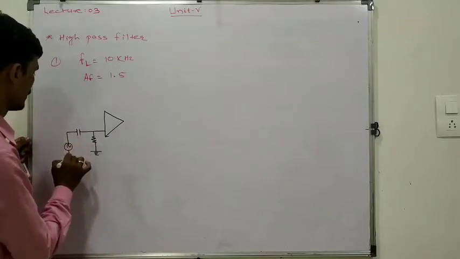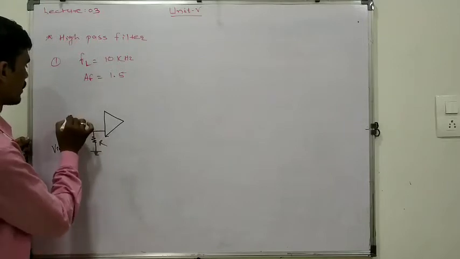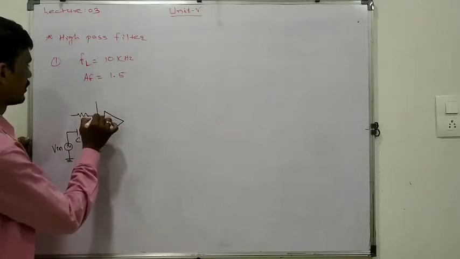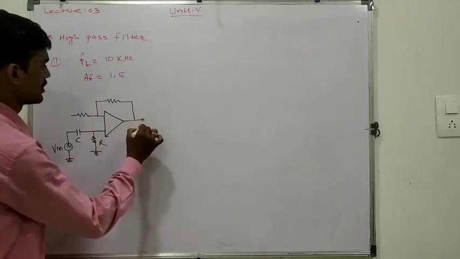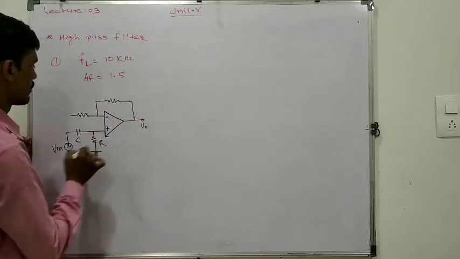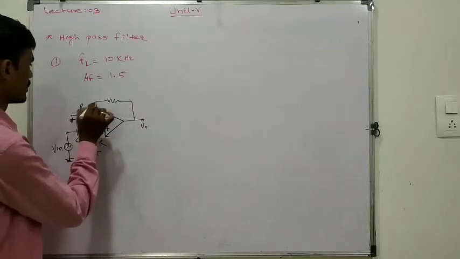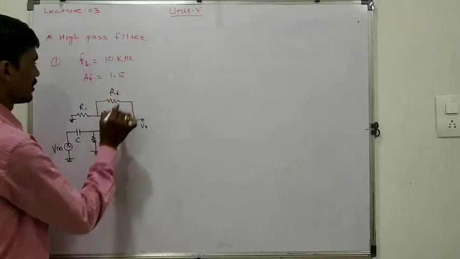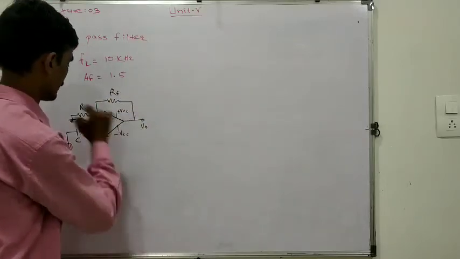This is Vin, this is C, this is R, here R1, this is RF, and this is VO. This is the inverting terminal and this is the non-inverting terminal, with plus VCC and minus VCC.